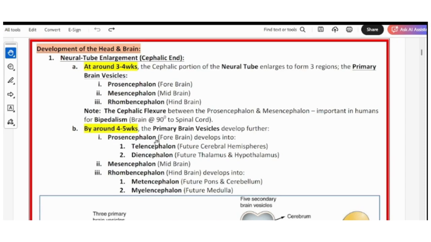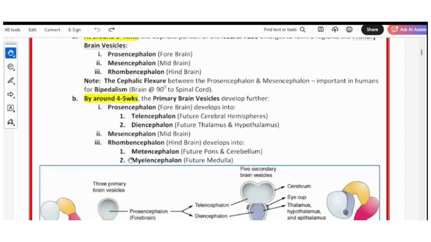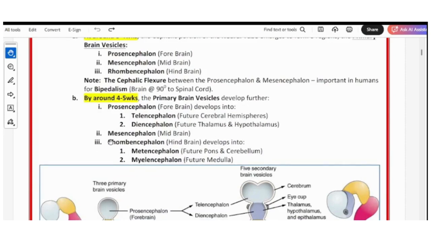Prosencephalon develops into telencephalon, which in future becomes the cerebral hemisphere, TC. Then diencephalon into thalamus and hypothalamus, DTH. Remember the mnemonic, it will be easy to memorize. Then mesencephalon is just the midbrain.